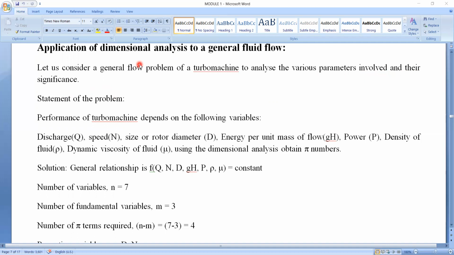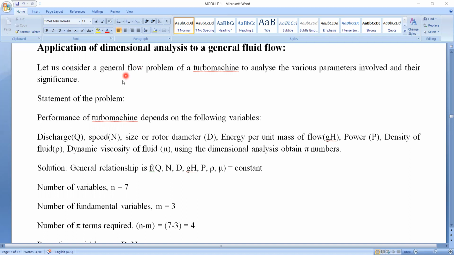We have seen in the fluid mechanics subject various methods, like the Buckingham pi theorem, which is used to find the various dimensionless numbers that correlate the various parameters or variables. Likewise, here also we are going to use the Buckingham pi theorem.